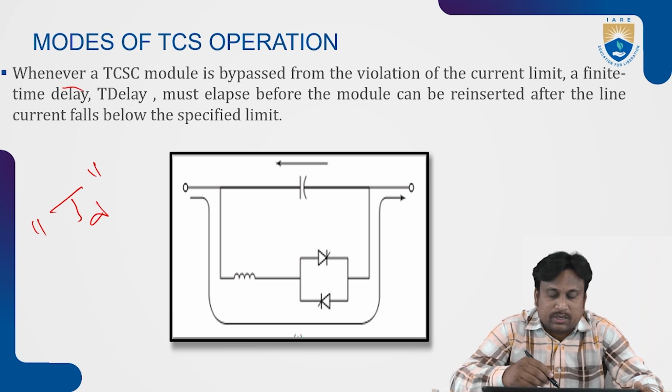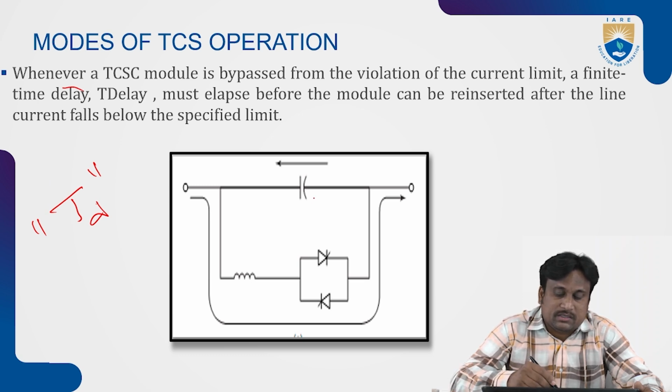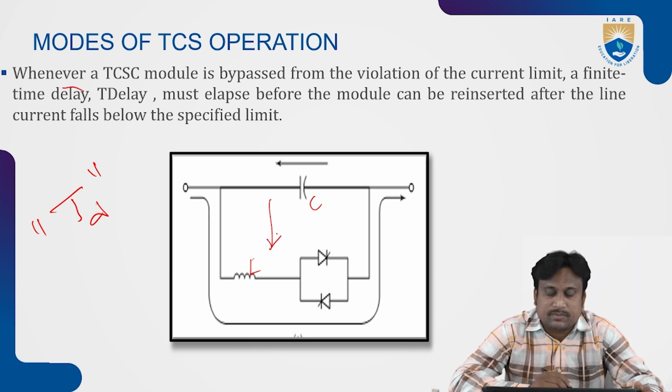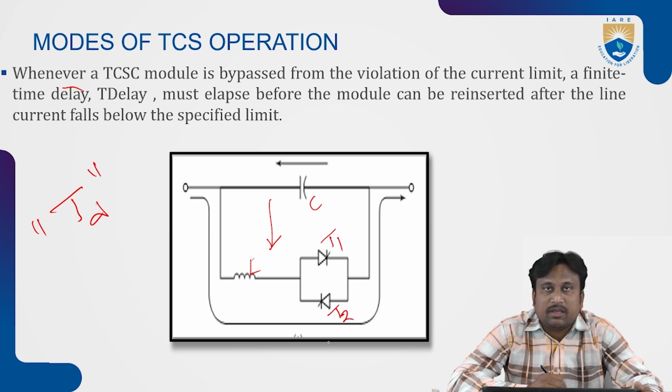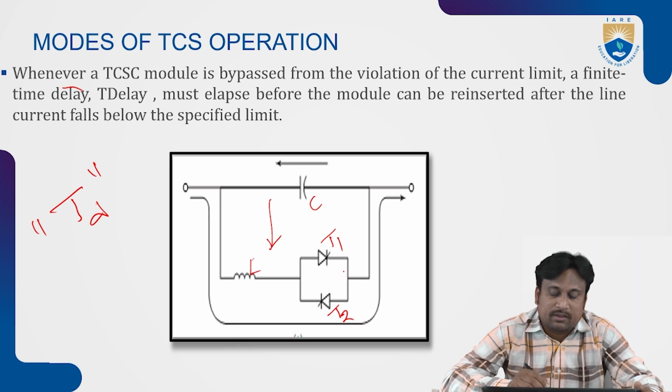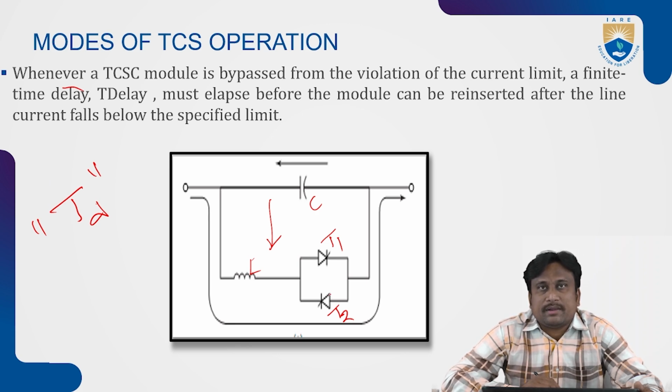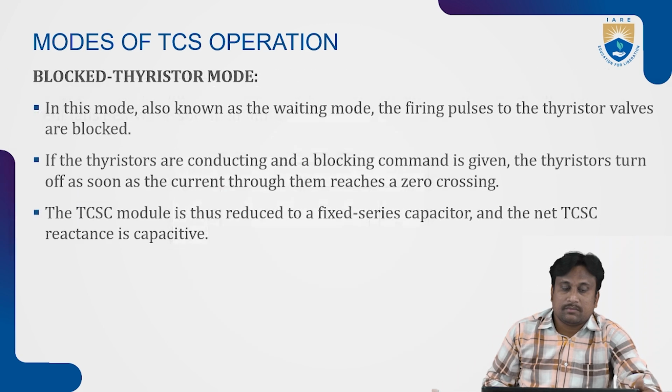This is the circuit where the capacitor is connected in parallel with the inductor, and an anti-parallel combination of two thyristors, T1 and T2, is connected.